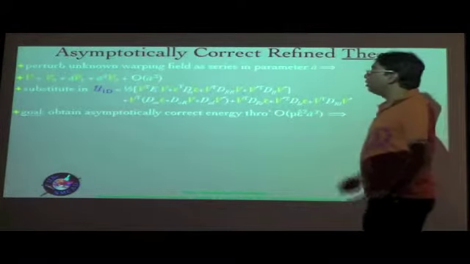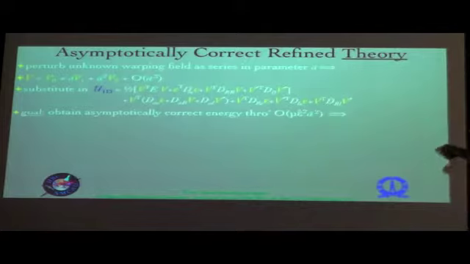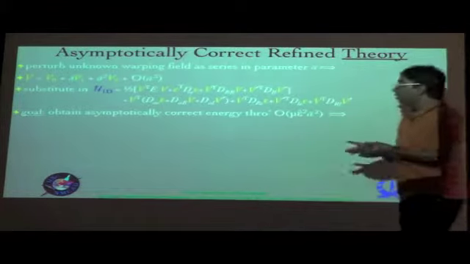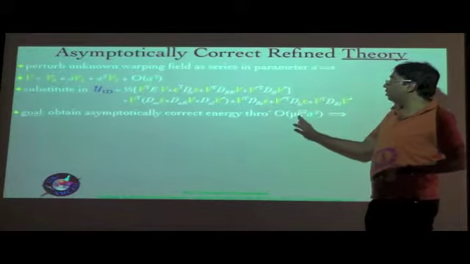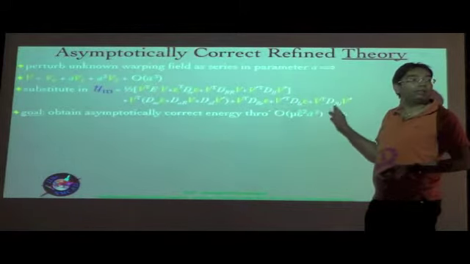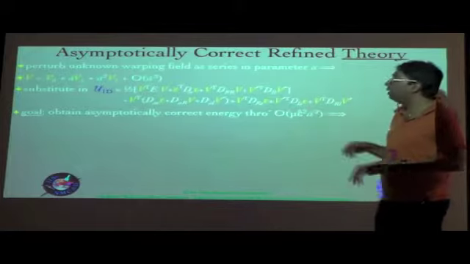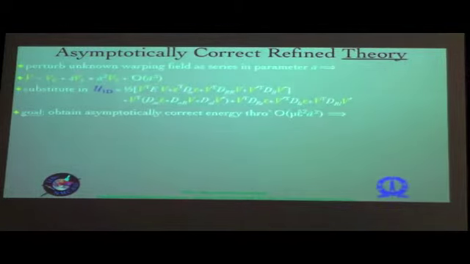Now, the goal is to obtain an asymptotically correct energy, which is a little smaller compared to mu epsilon hat squared, basically involving the A bar squared terms. Because that is what would bring into the picture the transverse shear as well, apart from the initial curvature corrections.